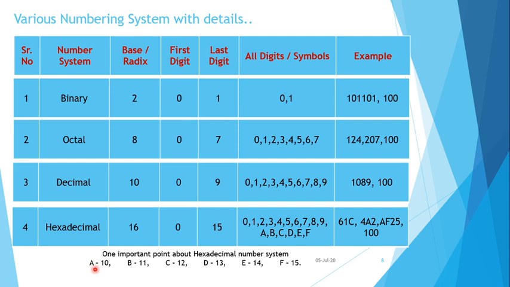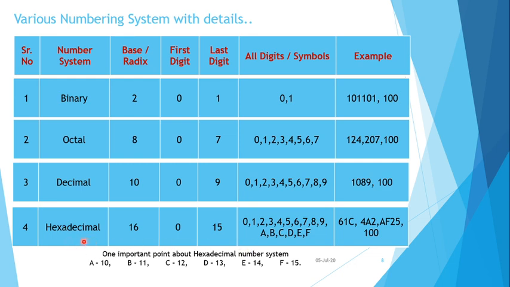So I have mentioned here A is 10, B is 11, C is 12, D is 13, E is 14, F is 15. Now you can have a number with a combination of any of these symbols. The examples are 61C is a hexadecimal number, 4A2 is a hexadecimal number, then AF25 is another hexadecimal number, and 100 is a hexadecimal number.